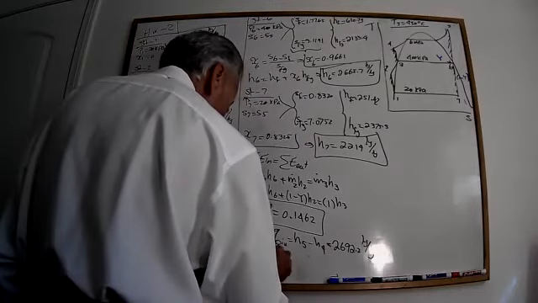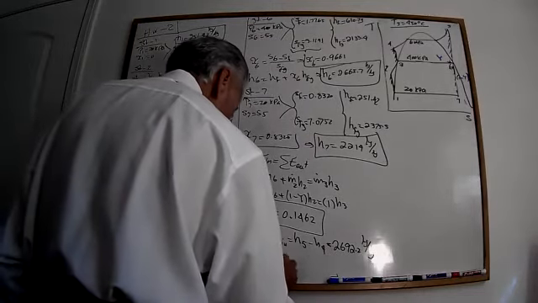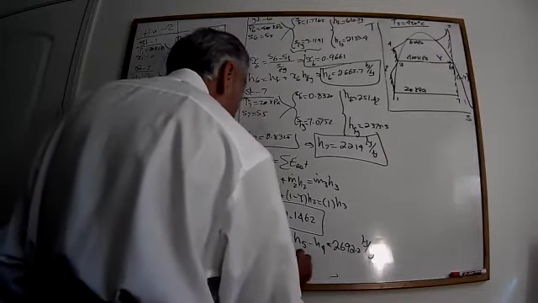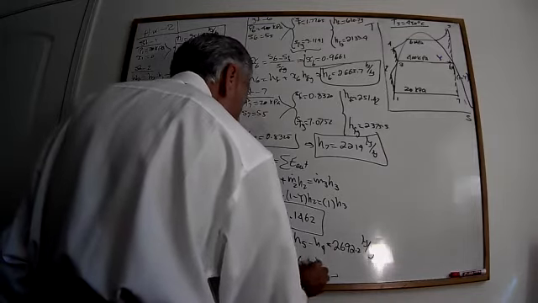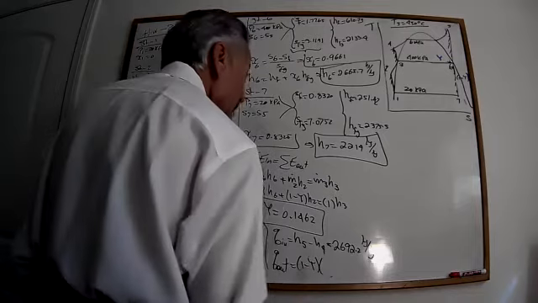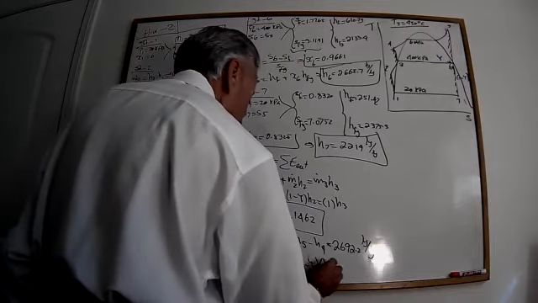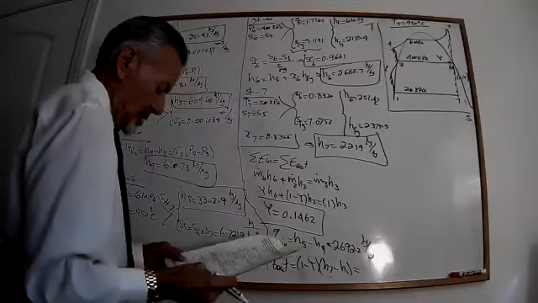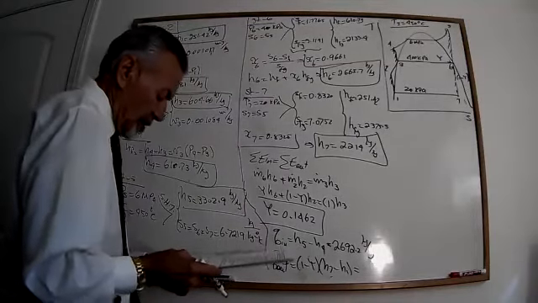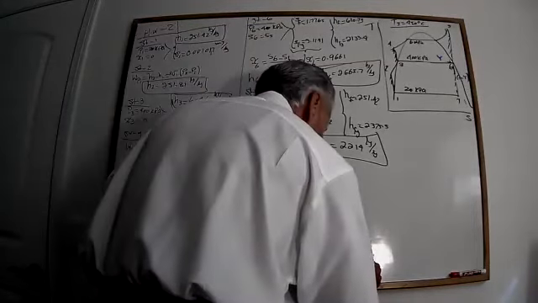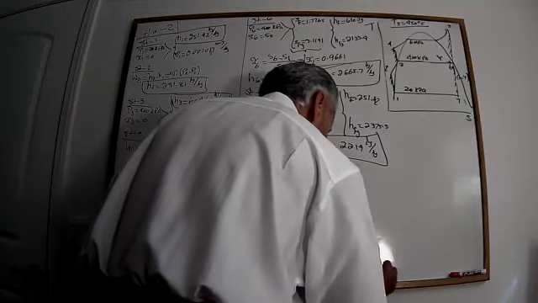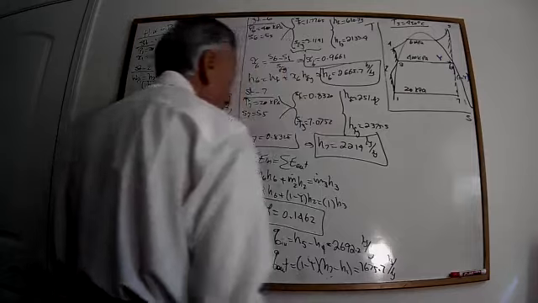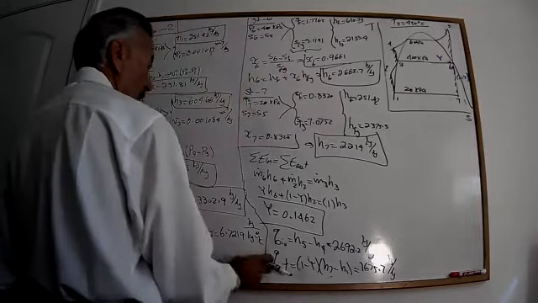The Q out has a fraction in front of it: 1 minus Y times H7 minus H1. And that will give me a value of 1675.7 kilojoule per kilogram. So I have my Q in, I have my Q out.